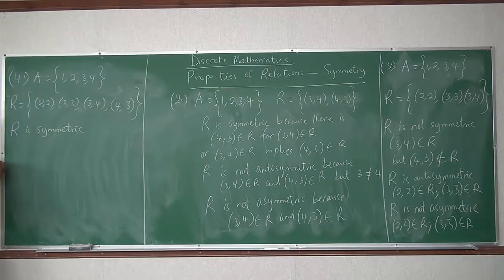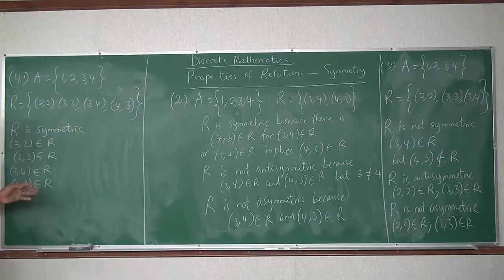Why? Because, principally, you have 2, 2 is an element of arrow, 3, 3 is an element of arrow. But specifically, 3, 4 is an element of arrow, and 4, 3 is an element of arrow. Arrow is symmetric.